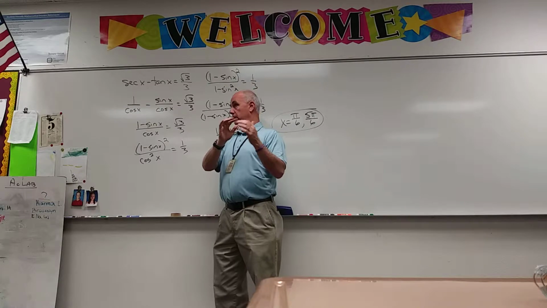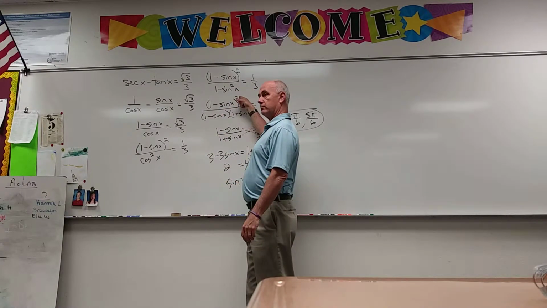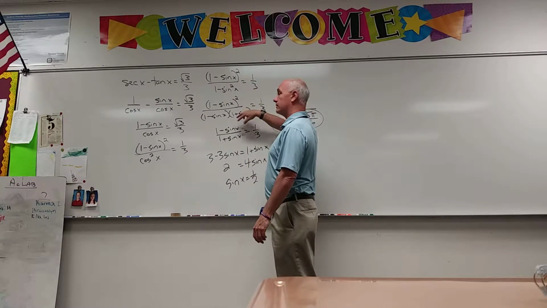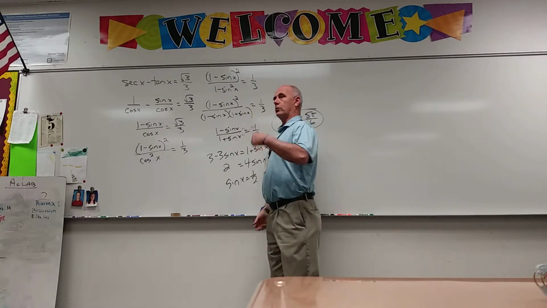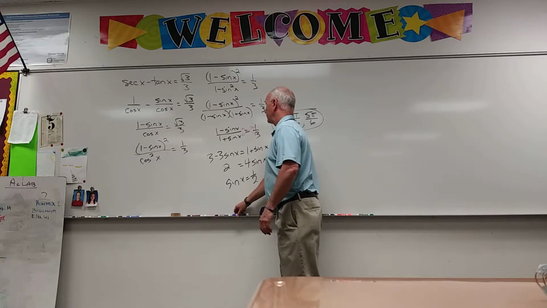And 1 minus sine times 1 minus sine is 1 minus sine squared. So when we cancel a 1 minus sine, we're left with a 1 minus sine. Oh, because the exponents subtract.